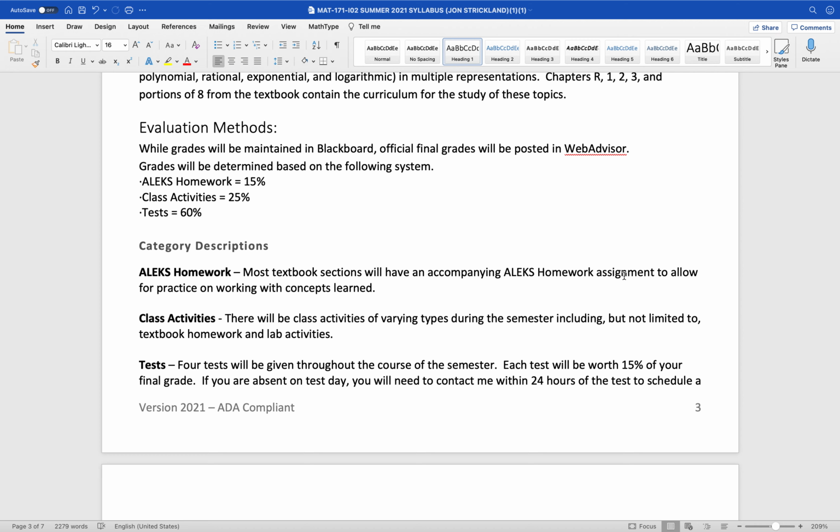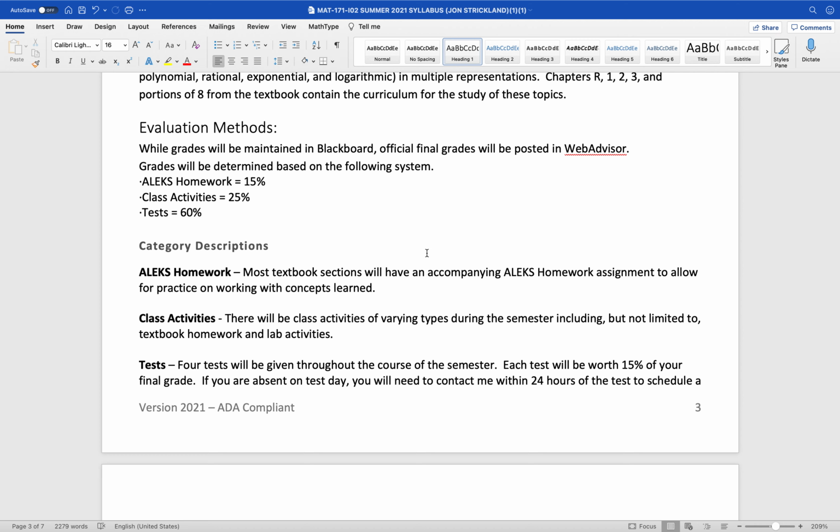Class activities, which could be something outside of ALEX like quizzes and projects, will be 25% of the course grade. The main item will come from the tests themselves. There will be 4 tests in total, and there's not going to be a comprehensive final exam. The tests will amount to 60% of the grade.